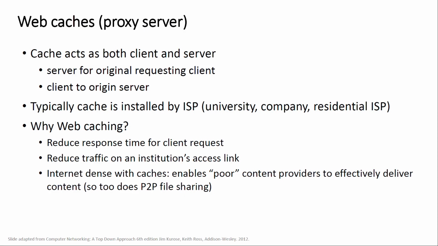Typically, a cache is installed by internet service providers, by your university, company or other ISP. But why do we use web caching? We use it to reduce response time for client requests, and to reduce traffic on an institution's access link to the internet. And the internet is dense with caches. This enables poor content providers to effectively deliver content, as does peer-to-peer file sharing.